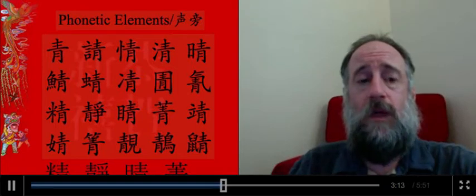So let's take a look at this example. What do you see here? You see lots of characters, and they all share a phonetic element, specifically that character. That character is pronounced qīng, first tone.